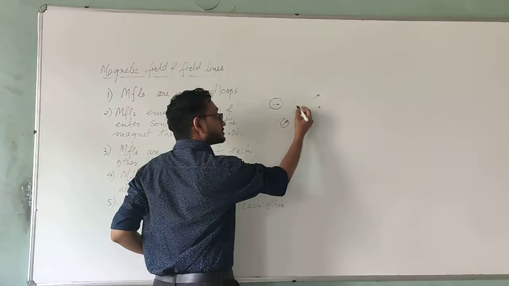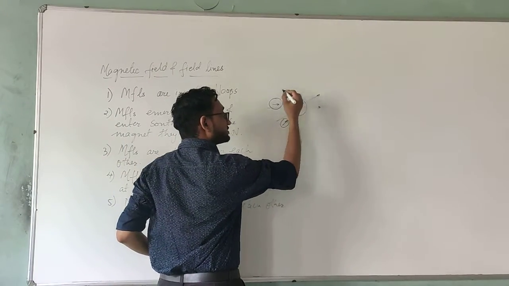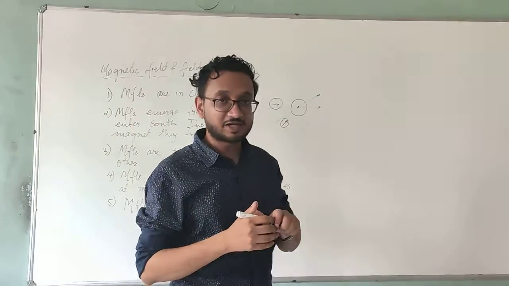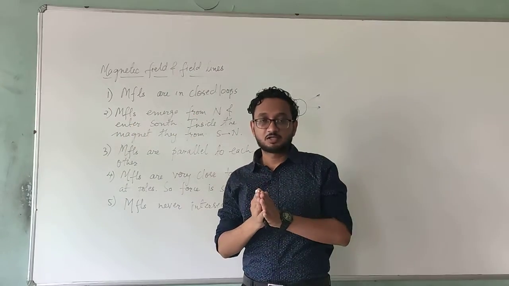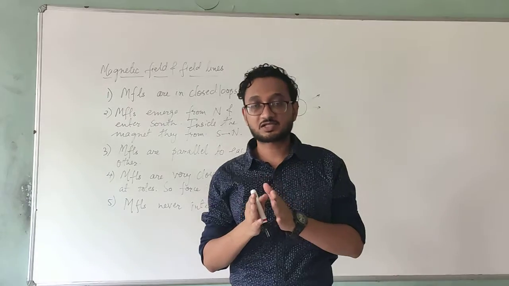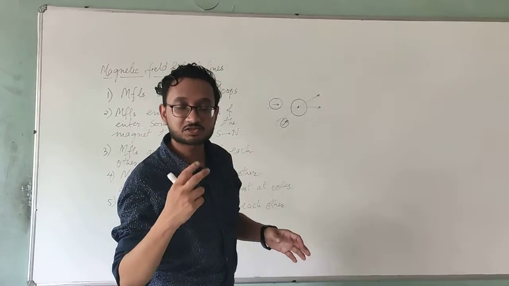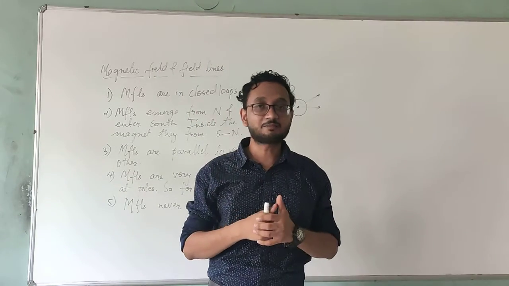But as we move closer, and let's say that you place the compass over here, then according to nature, the compass needle should point in the direction of the magnetic field lines. But over here, there are two directions of the field lines coming from the same magnet.